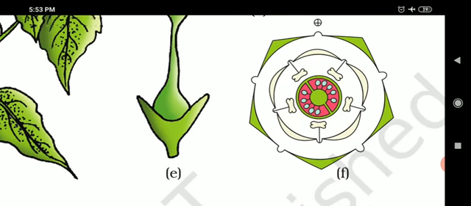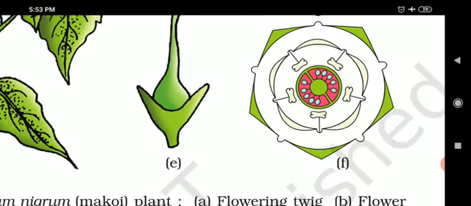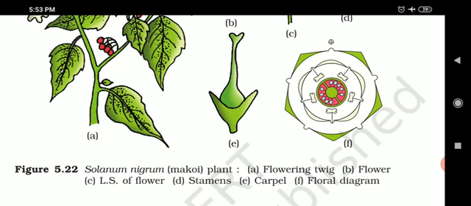You can see sepals are fused, petals are also fused with each other, and even anthers are joined to the petals. That's why a line is shown there. So the floral diagram gives us a very clear picture so that we can write all the floral characters easily. Looking at the floral diagram, I can tell you the basic points.